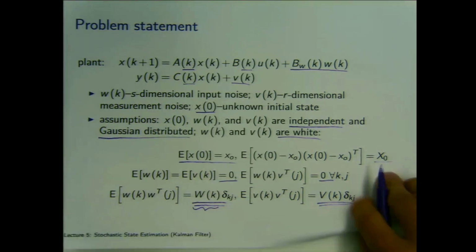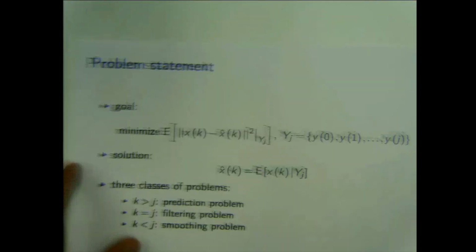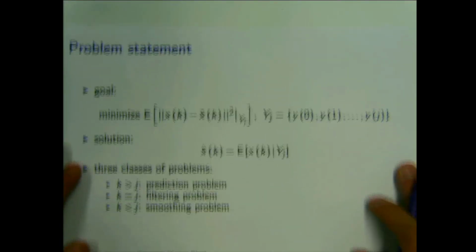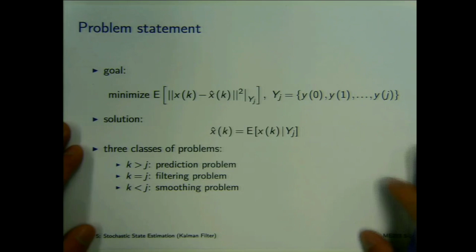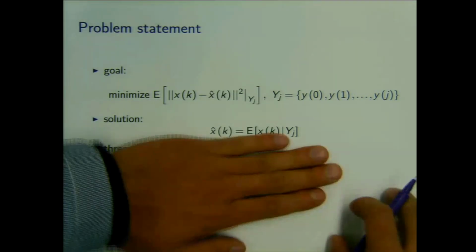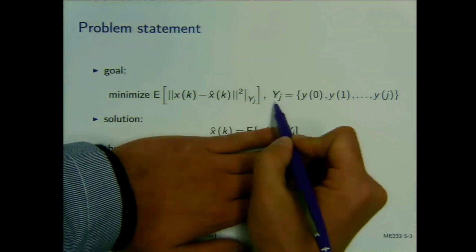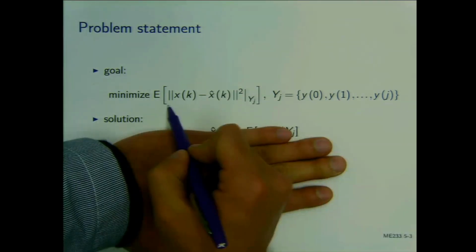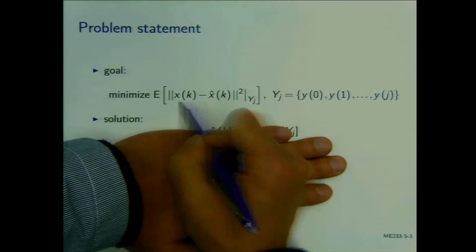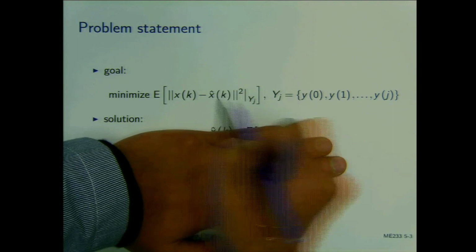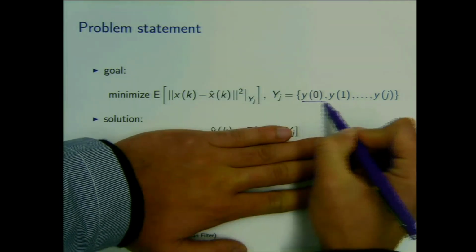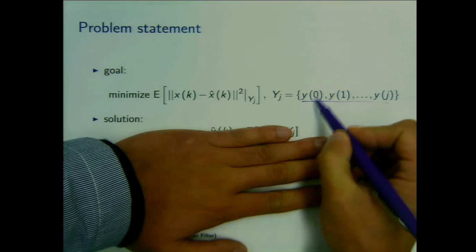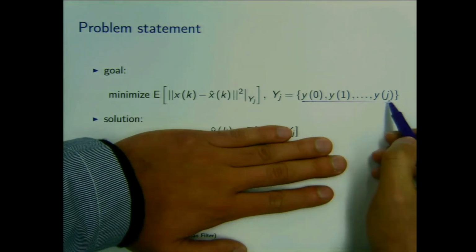So the goal of Kalman filter is what we have seen before. I have just introduced one new notation. Other than that, everything is the same. So we want to estimate the state using x hat. And the information we have is these measurements from y0 to yj.